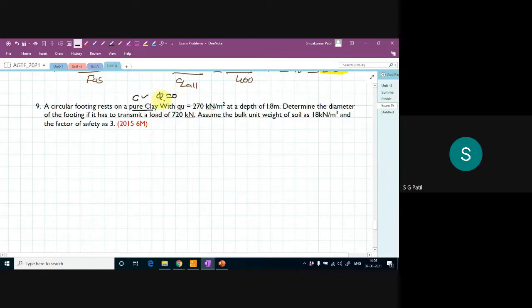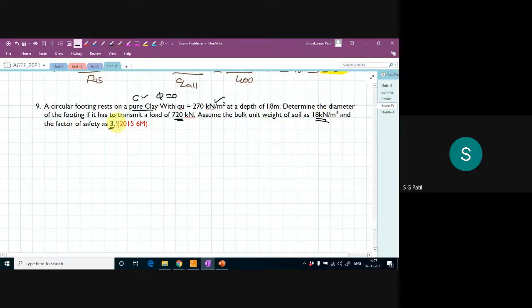Your angle of internal friction will be 0 because it's a pure clay, with the undrained compressive strength QU equal to 270 kilonewton per meter square at a depth of 1.8 meter. Determine the diameter of the footing if it has to transmit a load of 720 kilonewton. Assume the bulk unit weight 18 kilonewton per meter cube, and the factor of safety is 3.